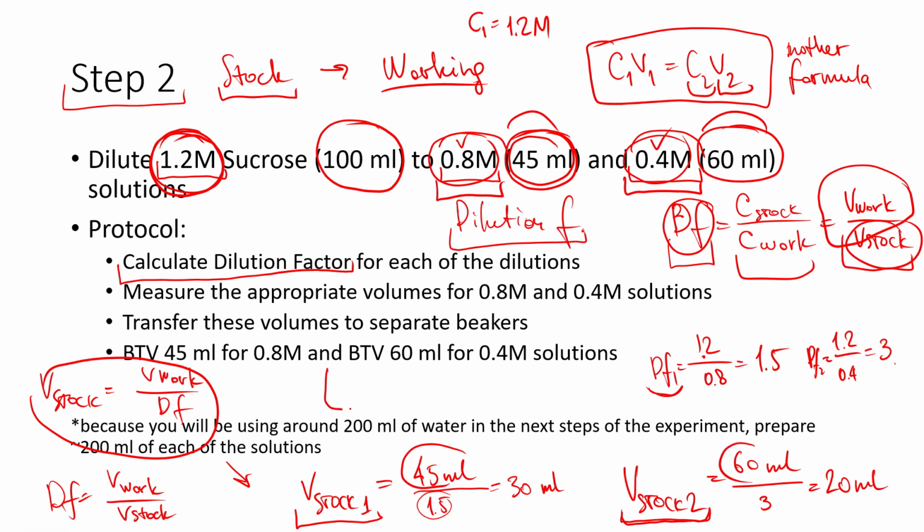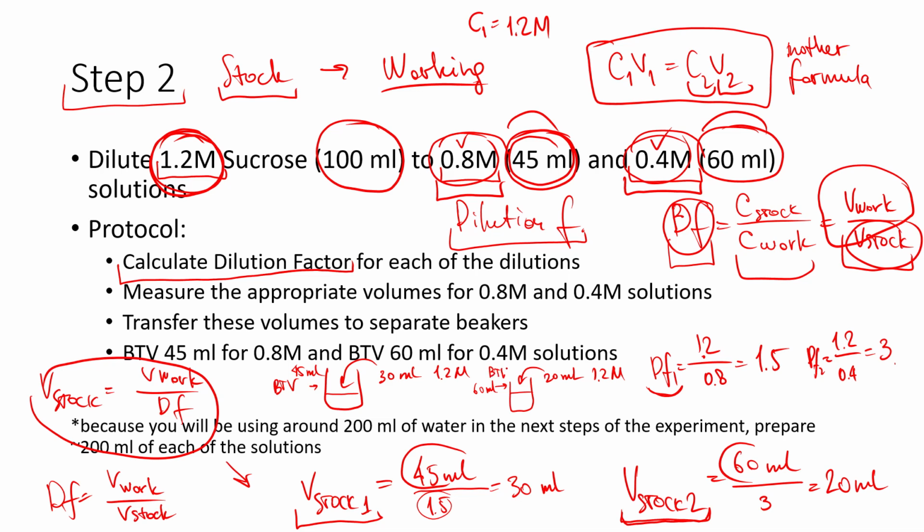So for one beaker you're going to transfer 30 milliliters of 1.2 molar concentrated sucrose and then bring to the volume of 45 milliliters. So for the second beaker you're going to transfer 20 milliliters of 1.2 molar concentration and then bring to the volume of 60 milliliters.